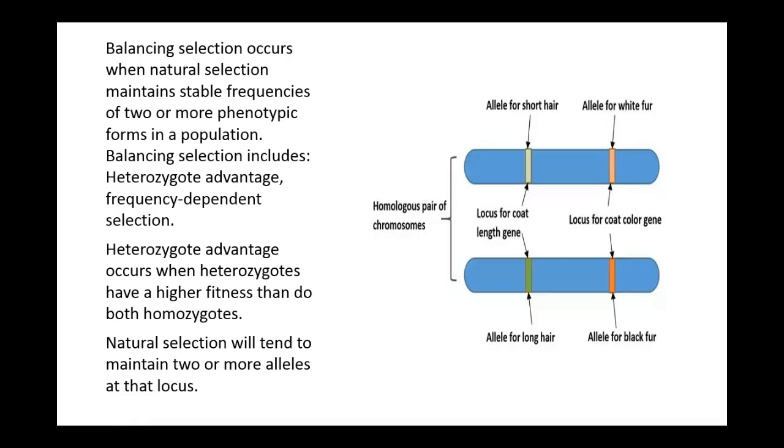That is part of the heterozygote advantage, which occurs when the heterozygote has higher fitness than homozygotes. So the more variety you have, the more likely you're going to have somebody in that species that's going to live.